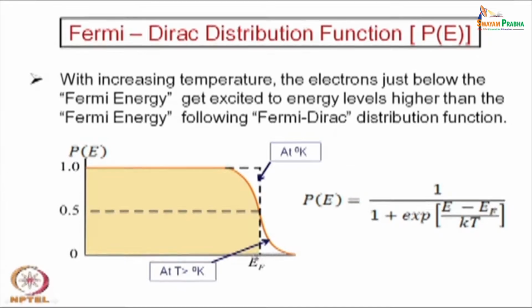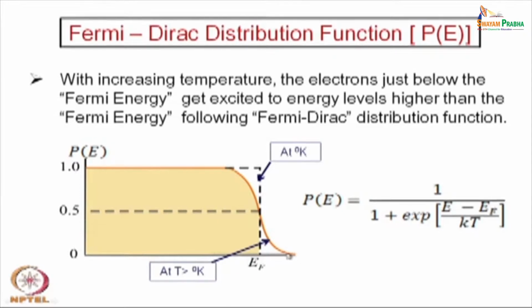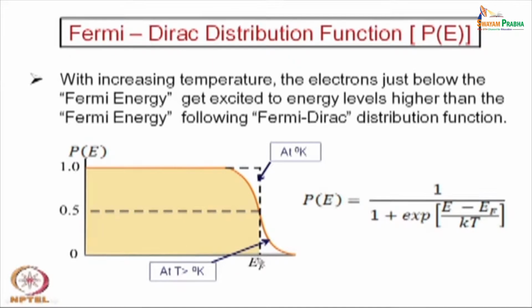So there will again be a distribution. From 0 it will increase to 1 occupancy, but the higher the energy level, the lower the occupancy factor, and the closer to E F, the higher the occupancy factor.